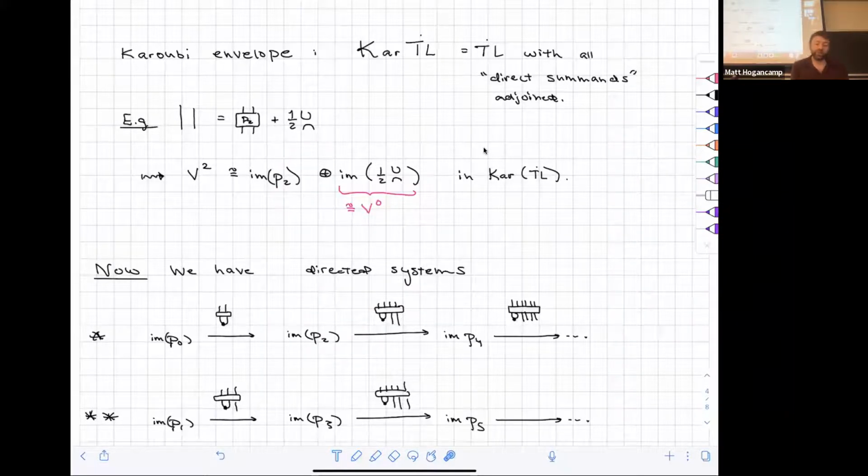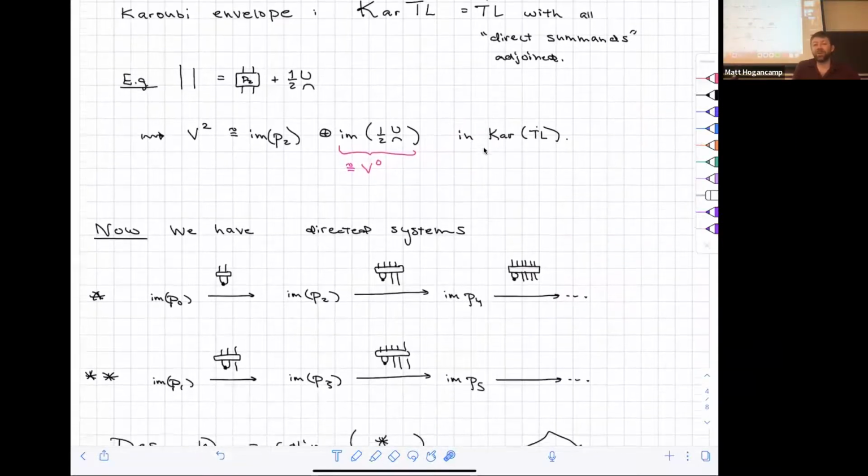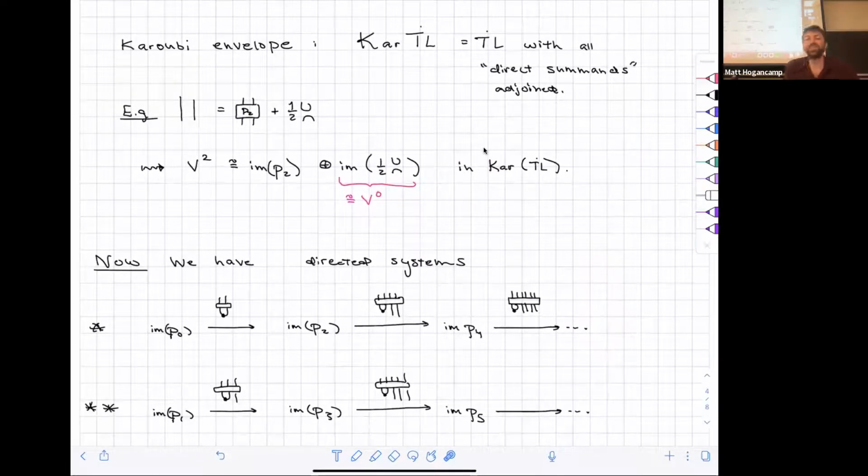There's no object that corresponds to the image. It's not as mysterious as I'm making it sound.